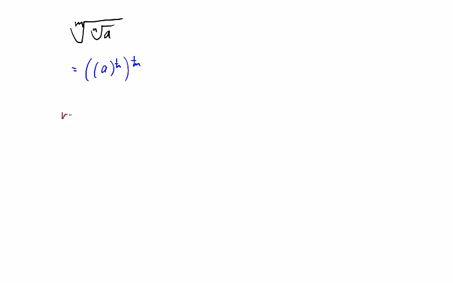Let's quickly recall that when we had a to the nth power to the mth power, we knew that the result should be a raised to the product of mn. This is because internally we had n factors of a, and then we have m groups of n factors of a, so we end up with m times n factors of a.